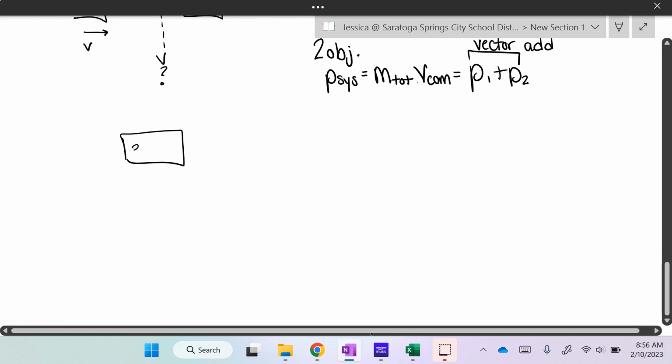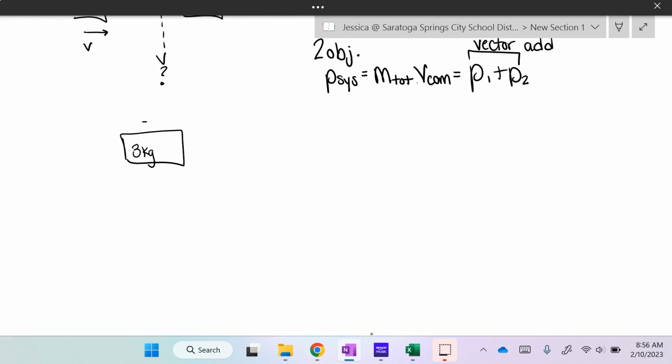So let's say I have a 3 kilogram mass moving to the right at 2 meters per second. And then I have a 2 kilogram mass moving to the left at 2 meters per second. Actually, it looks like in my notes I made this a 4 kilogram mass. Okay. So if I wanted to find the velocity of the center of mass, the first thing I would do is find the momentum of the system.